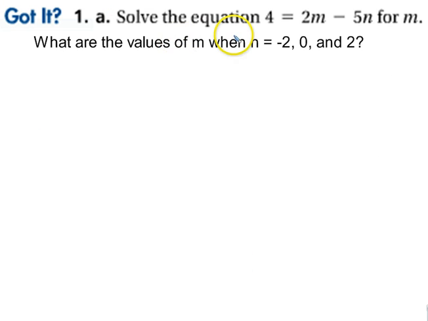All right, so we want to solve this one for m. Okay, so we're going to get rid of the 5n, and then we'll get rid of the 2. And then once we have that, we want to plug in these 3 separate numbers. I'd suggest you pause it and work through the process of how to do this.